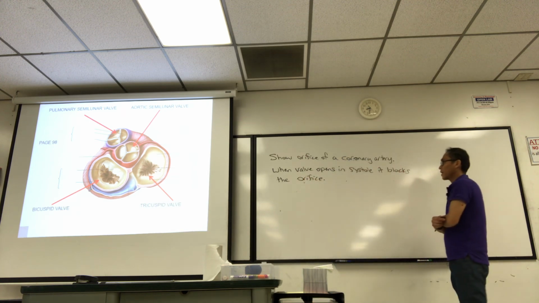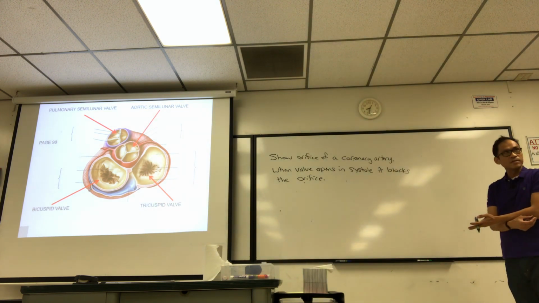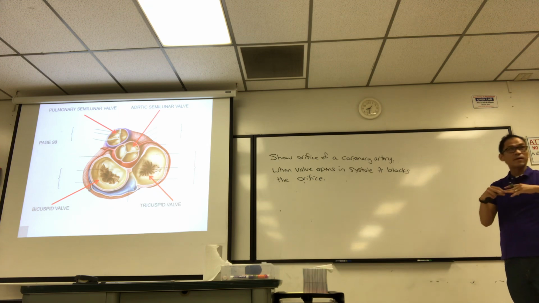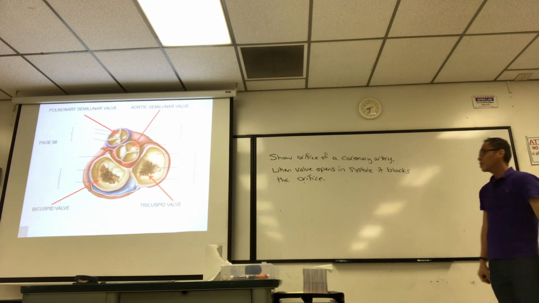So the heart does not get blood during systole when the heart is contracting. So the ironic thing is the whole body is getting blood from the heart pumping, but the heart itself doesn't. But when the valve closes during diastole, blood can flow to the heart.